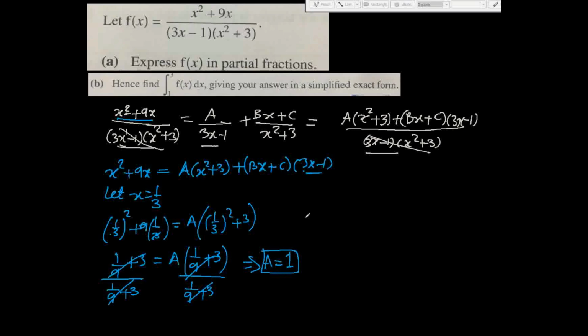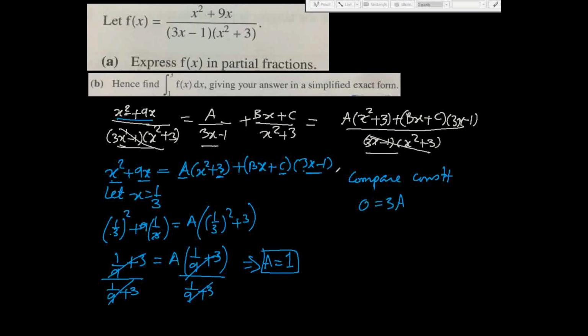Okay, what about B and C? Let's compare now. There's no other chance. This x squared plus 3 cannot be 0, so we can't make anything else 0. So let's compare constants. The constant on the left side is nothing, there is just x squared and x, so 0. Here A times 3 will be a constant, so we write 3A.